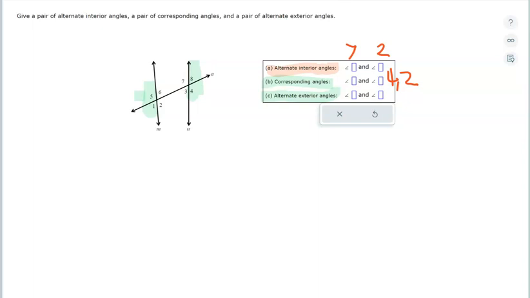So let's say I pick 5. So I can put 5 in my answer box here, and then I decide between 8 and 4 which one is on the opposite side, and that would be angle 4. Notice how 5 is facing this way, 4 is facing this way. That's one way you can think of it. Those are opposite sides.